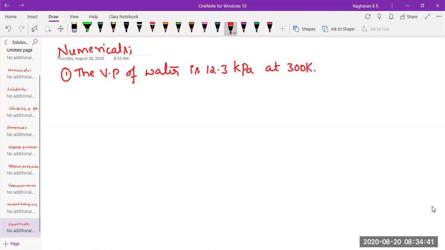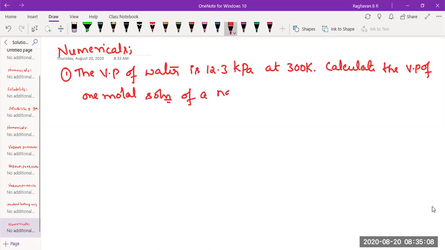Calculate the vapor pressure of a one molal solution of a non-volatile solute in it.